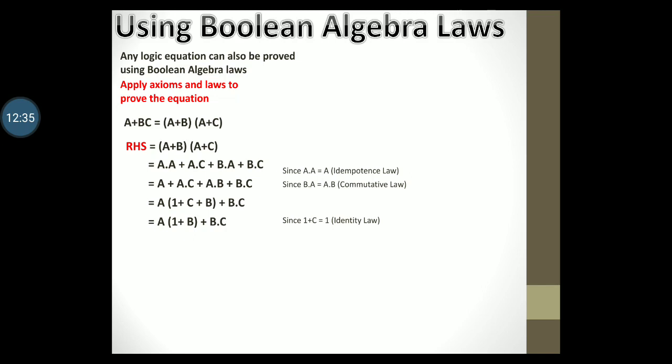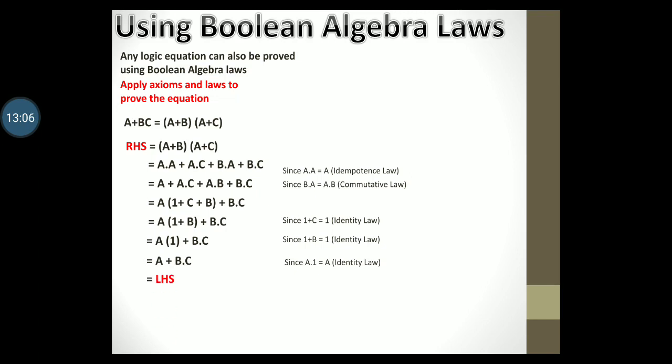Simplifying this equation further, we get, and here this is done because 1 plus B is equal to 1, using the same law, that is the identity law. Also, since A dot 1 is equal to A, using the identity law, I can rewrite this equation as A plus BC.